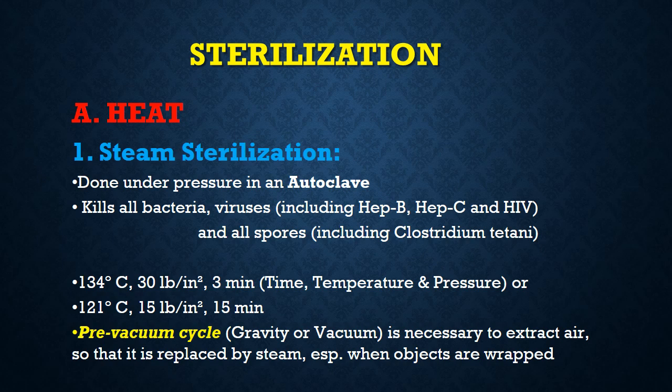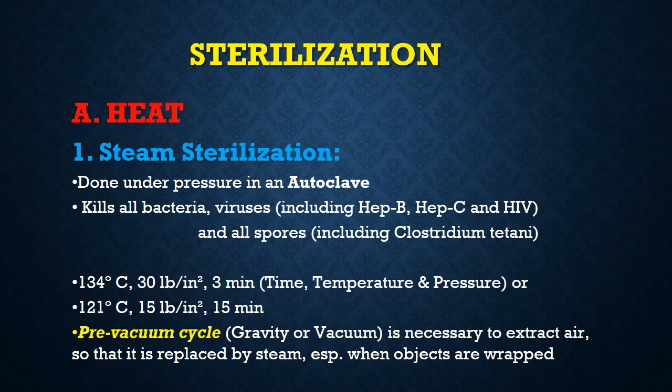The idea is that when you start, put the instruments and close the lid, there is air present in the chamber, and that resists the steam coming from the heating chamber into the instrument chamber, and prevents it from reaching all the corners of the instrument chamber.